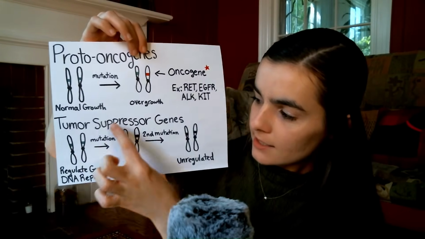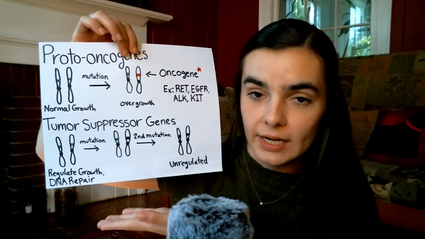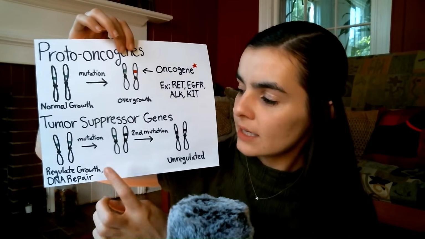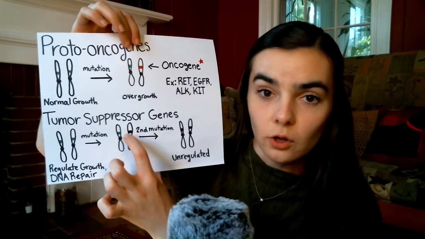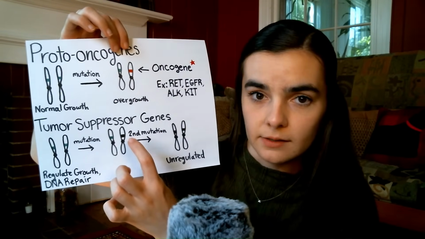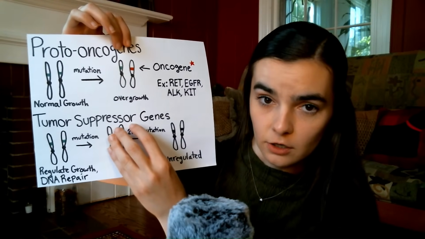So this is most of what we're talking about when we're talking about hereditary cancer, is that sometimes people are born with an already non-working copy of one of these genes. So they're born right here.